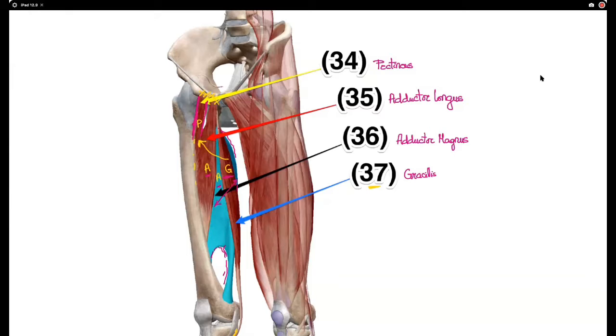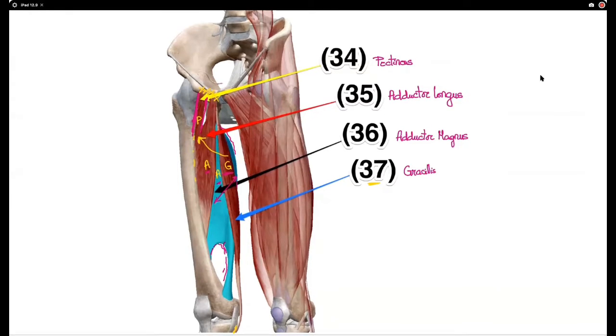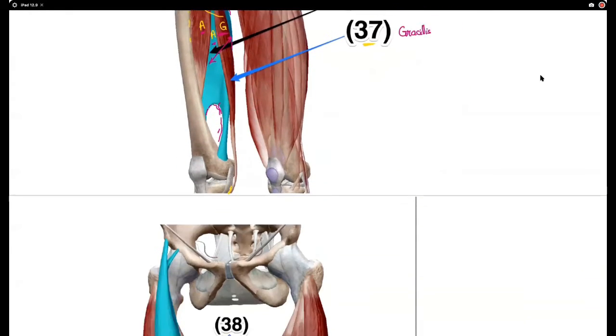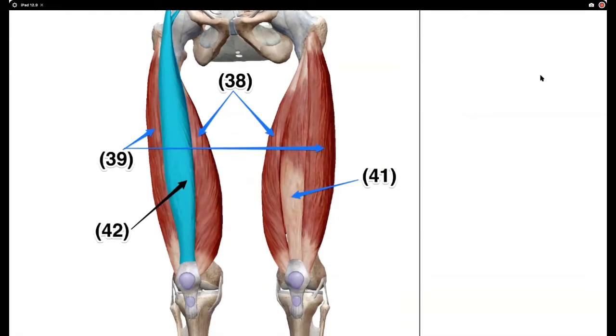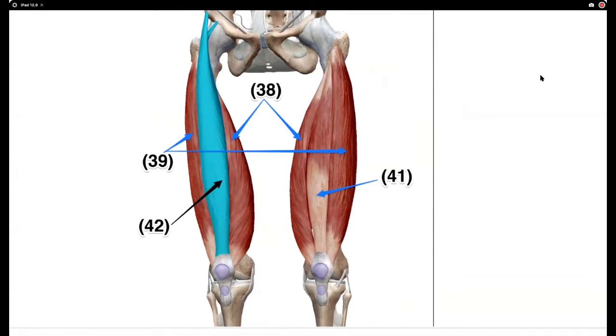All right, so looking at our next diagram on here, you can see the four muscles which are located in the anterior compartment, forming the anterior compartment of the thigh. If you remember, number 42 here was a straight muscle running in the thigh.